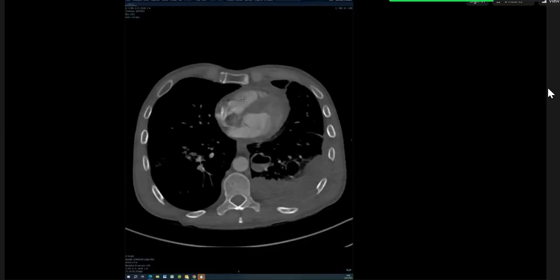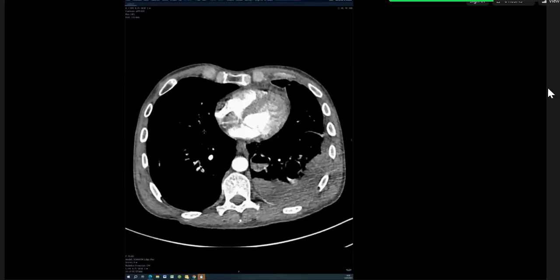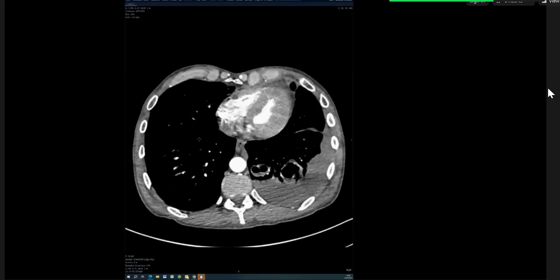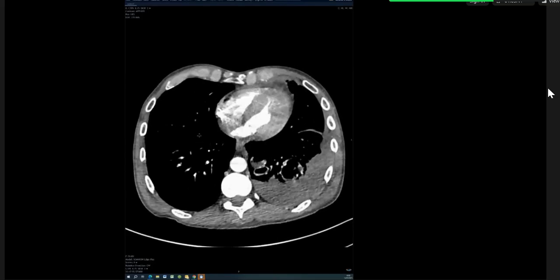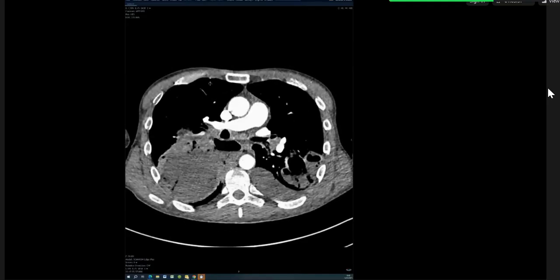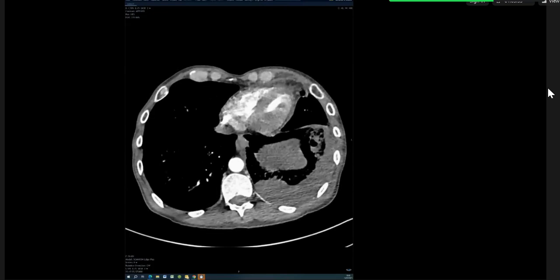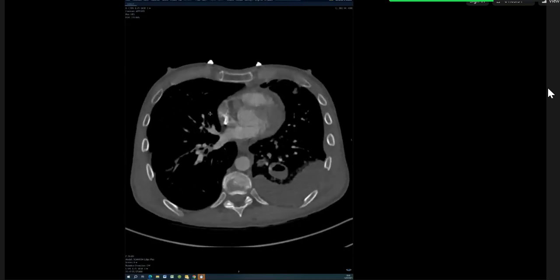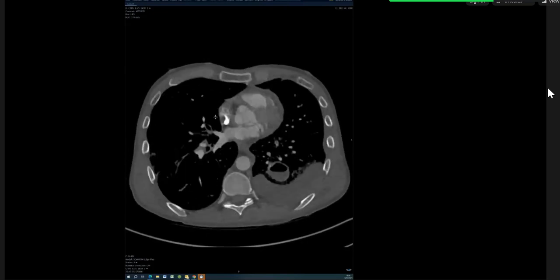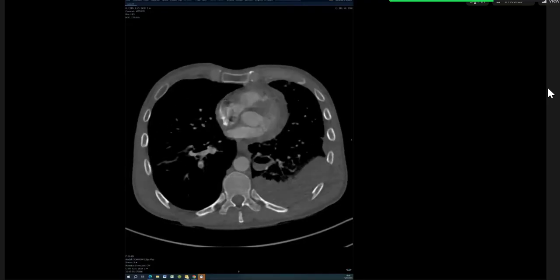Okay. If you had to ask one question about the history of the patient, what would you ask? Drug abuse. Yes. So if I say yes, he is a drug abuser, where else do you want to look? I just want to check the heart to see if there is any endocarditis or septic emboli within the heart. So would you see endocarditis on a non-gated CT?